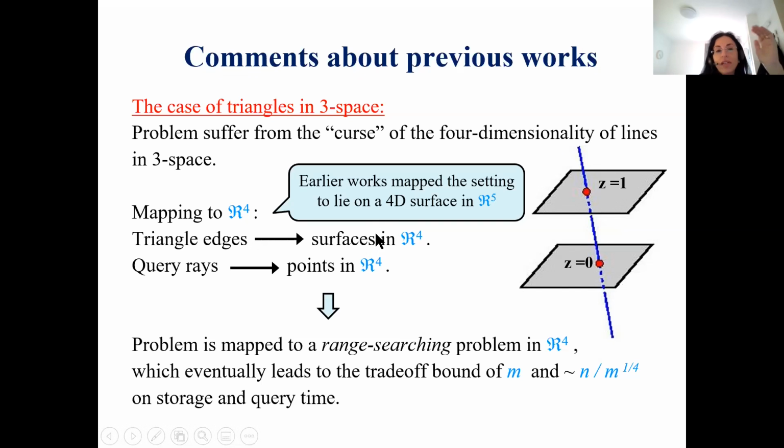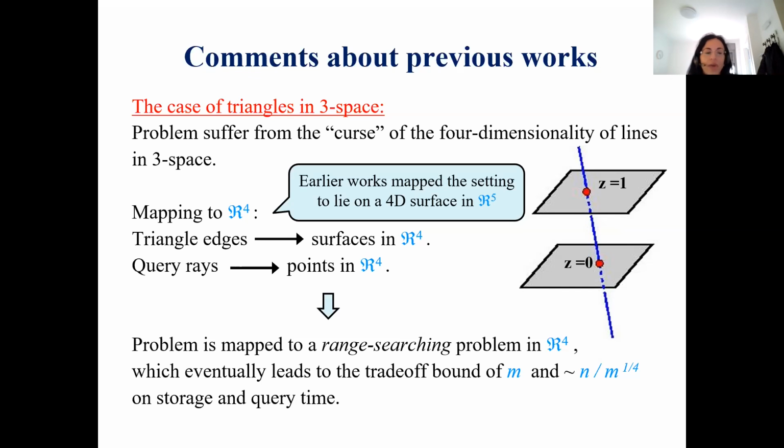Just a comment: in even earlier works, this problem was mapped to a 5-dimensional Plucker space where the relevant object lies on a 4D surface, the Klein quadric. But this is just saying a couple of words about the history.